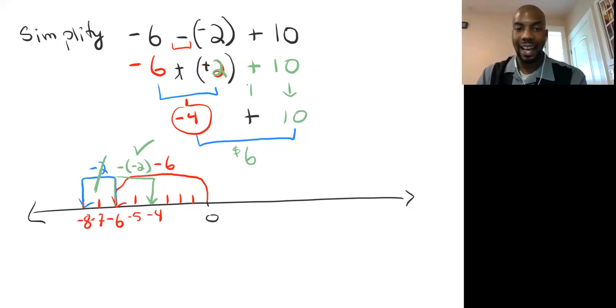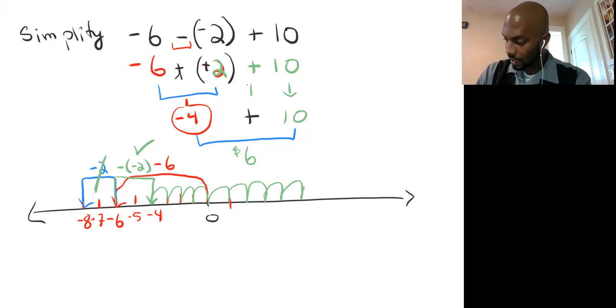And then finally, I add 10. So let me add 10 from my -4. 1, 2, 3, 4, 5, 6, 7, 8, 9, 10.